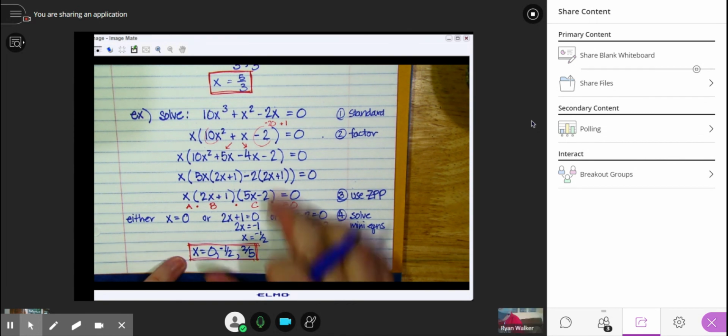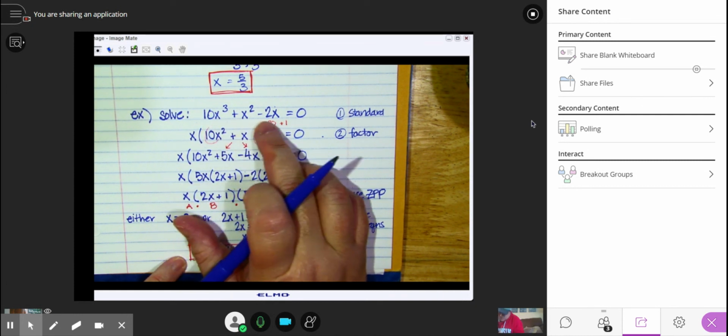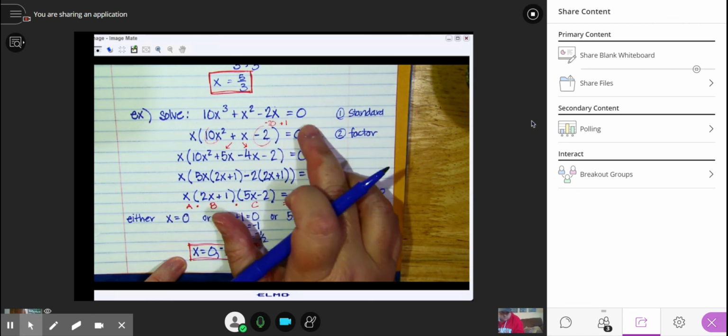You can plug it back into the original equation, 10x to the third plus x squared minus 2x, to make sure you're getting 0.